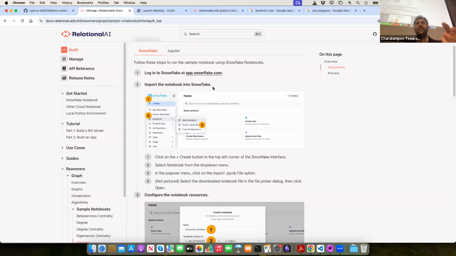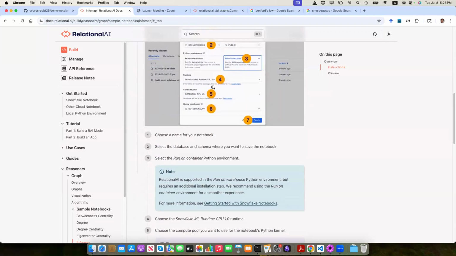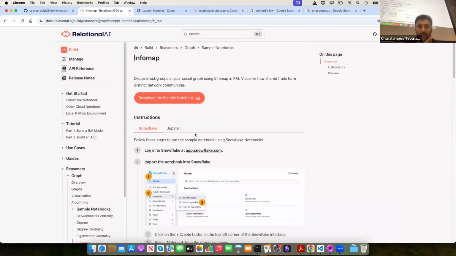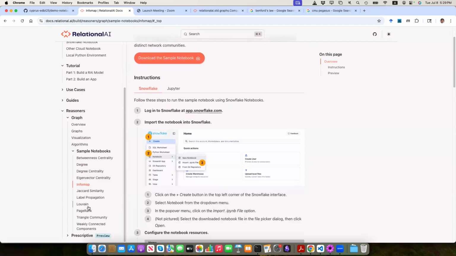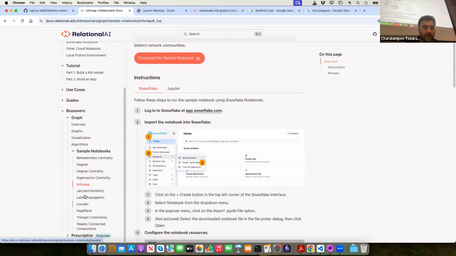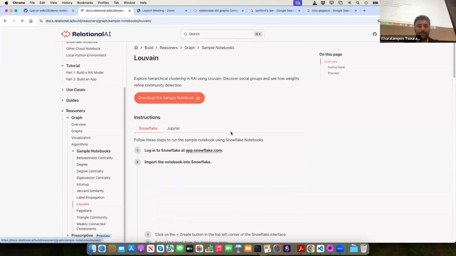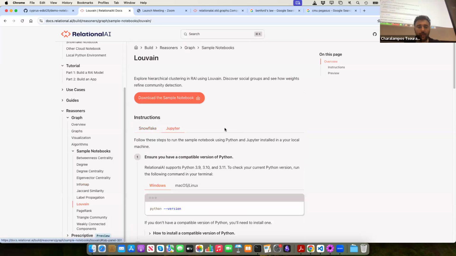Community detection is a very, very frequently executed task. So let's see InfoMap. Here you can actually see they have a notebook, but what I want to show you is basically label propagation, Louvain, InfoMap. They're all community detection algorithms, okay? And Jupyter.